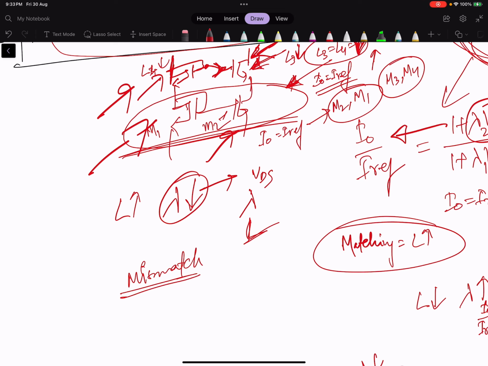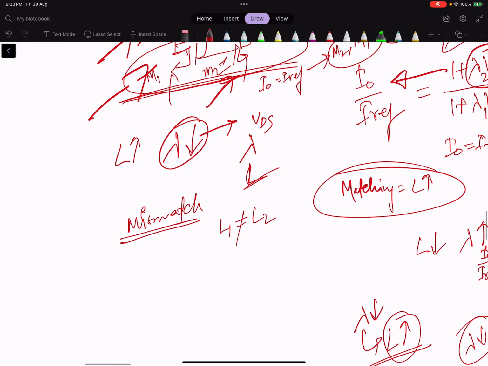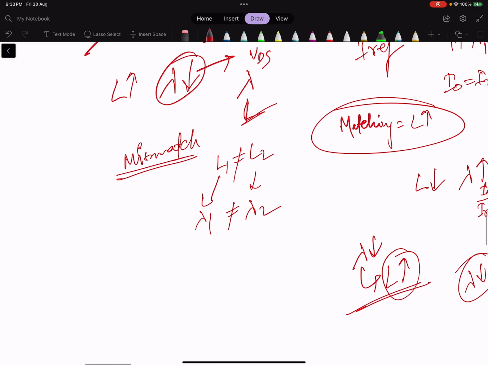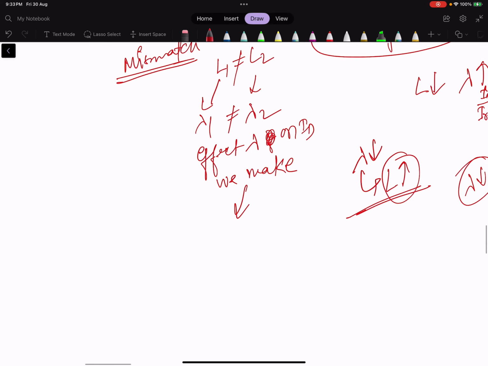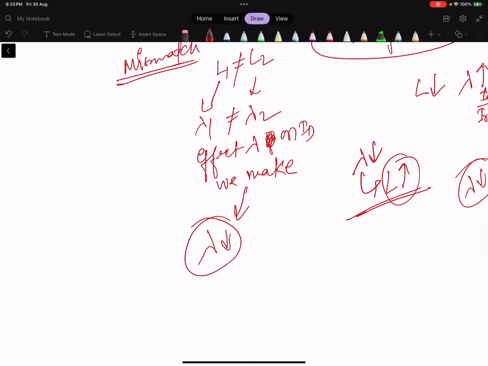We'll see all those things. Because of the process, L1 is not equal to L2, and once L1 is not equal to L2, lambda 1 is not equal to lambda 2. So to avoid the effect of lambda on ID, we make lambda small, such that even though lambda 1 is not equal to lambda 2, lambda itself is very small, so the current will not vary much.